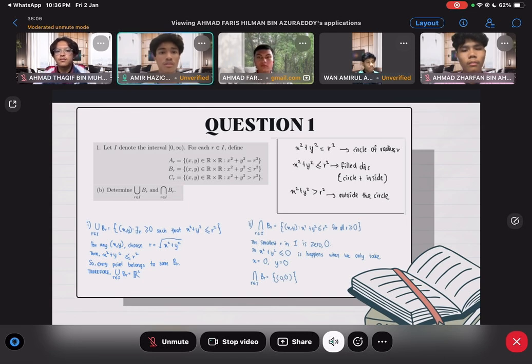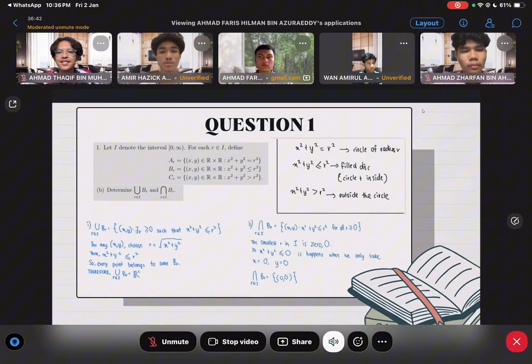Firstly, for the union, it contains the elements (x, y) such that for some r greater than or equal to 0, x squared plus y squared is less than or equal to r squared. This describes the filled circle, the circle plus its inside.